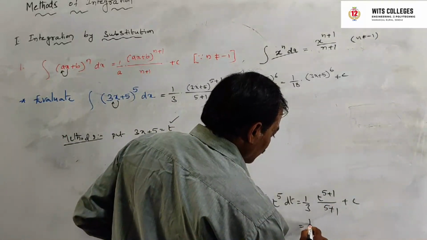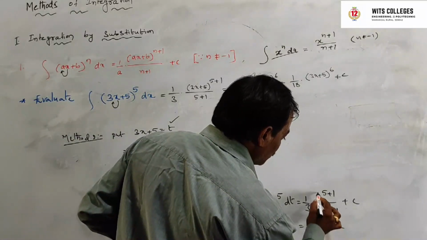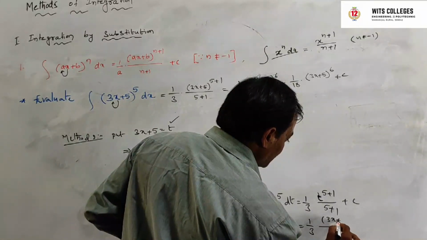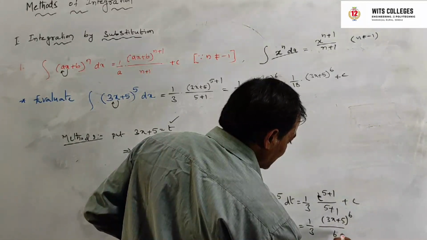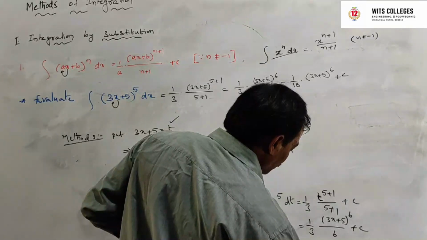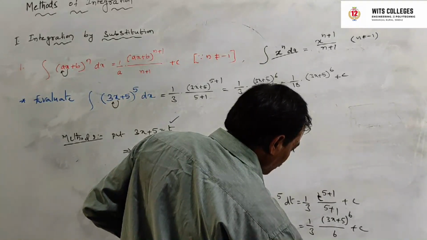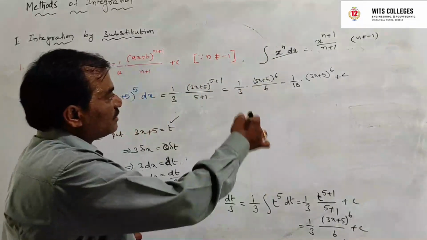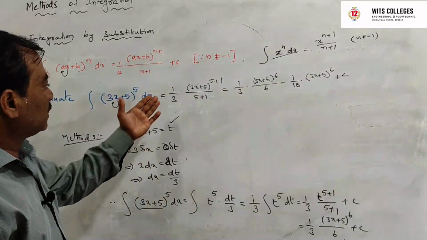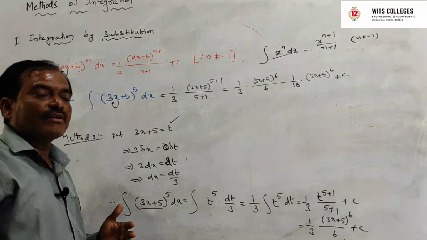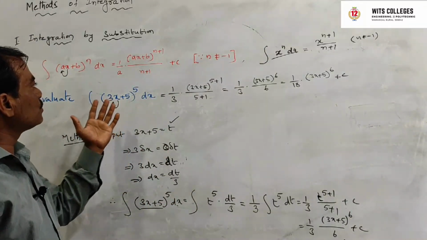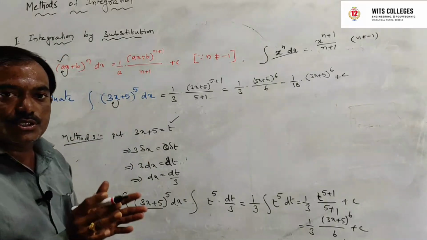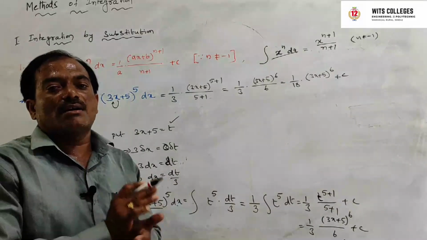So finally 1/3, and we substitute the t value, t equals (3x + 5)^6/6 plus c, and this is equal to (3x + 5)^6/18 plus c. Yes, both are the same. Now this is method 1 and this is method 2. So this is the evaluation of the given integral by using this standard integration by substitution formula.